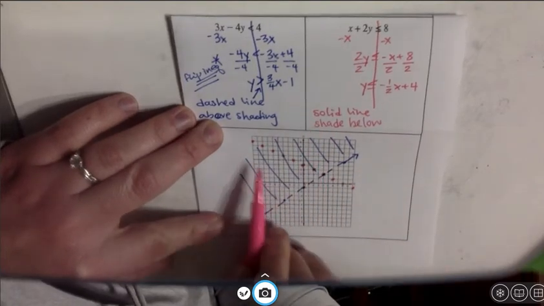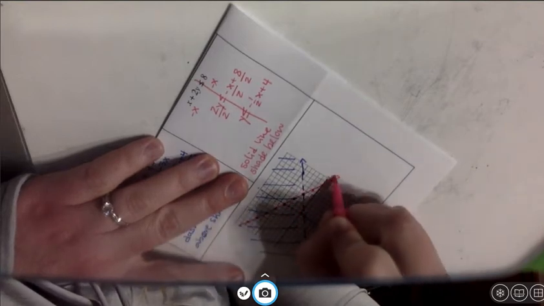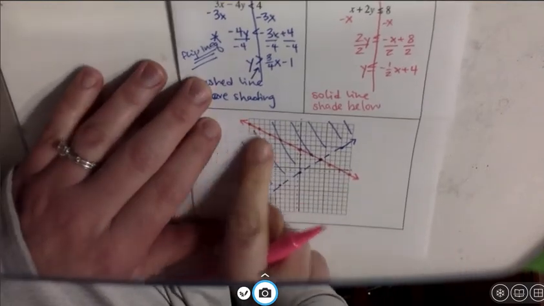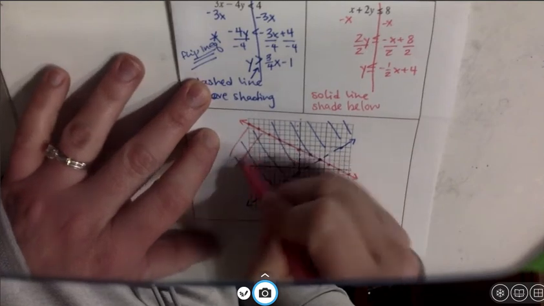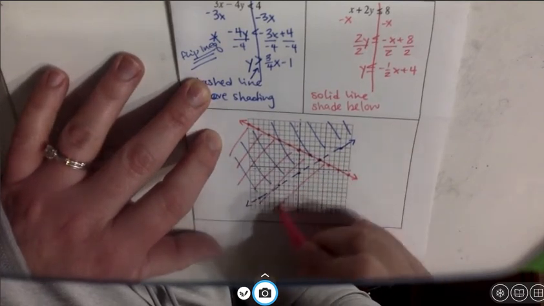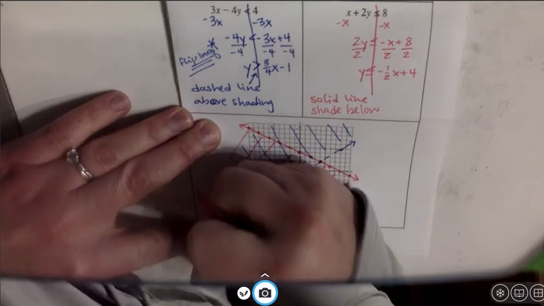This particular line is going to be a solid line. So sorry, I do best when I can draw things side to side. So I drew my solid line and I'm going to be shading below. And now we can clearly see the overlap.